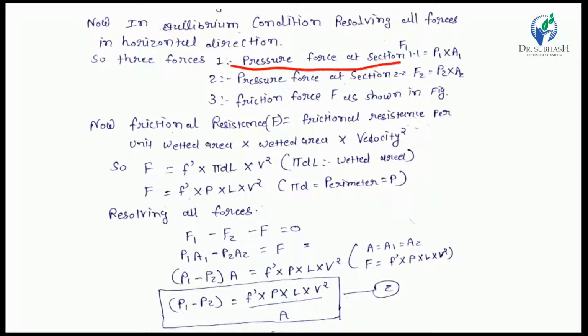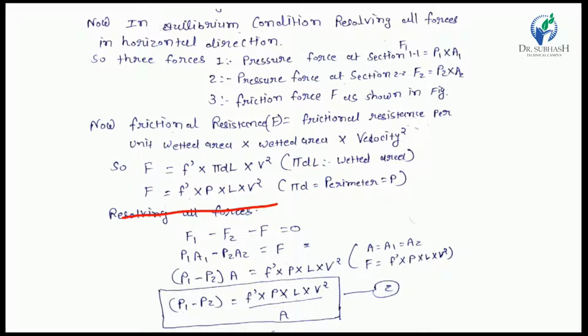So at section 1, the pressure force is P1A1, and the pressure force at section 2 is P2A2. Now the frictional resistance force is equal to frictional resistance per unit wetted area into wetted area into velocity square. Mathematically, frictional resistance per unit wetted area F dash, wetted area pi d l, and velocity square. This is experimentally proven by scientists.